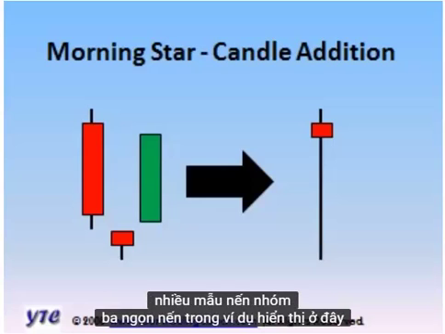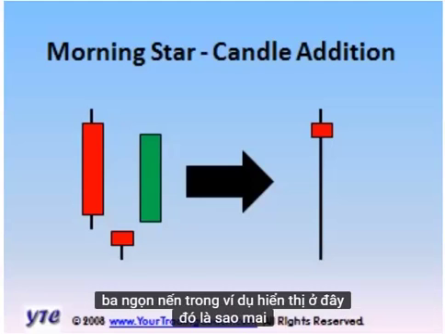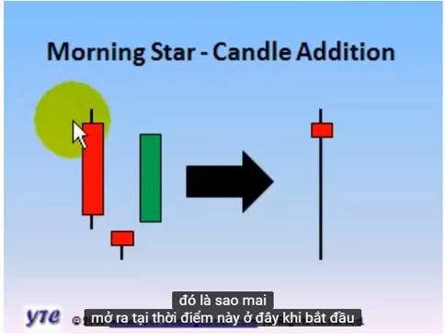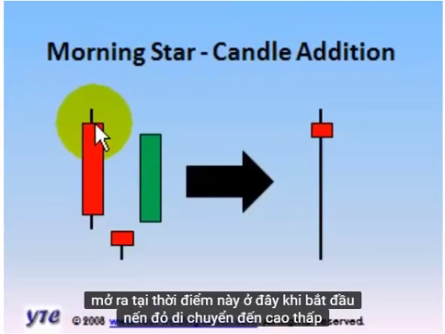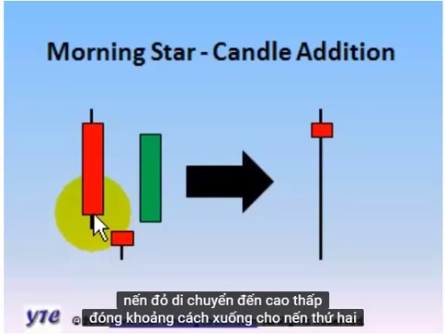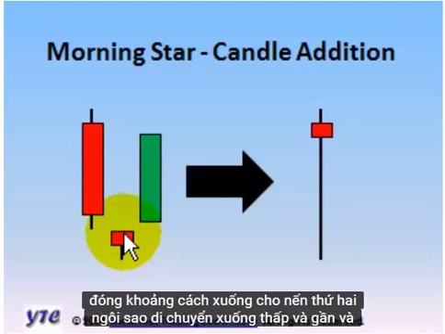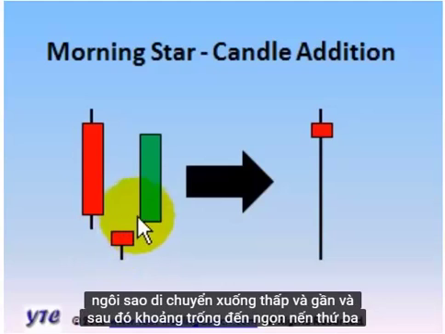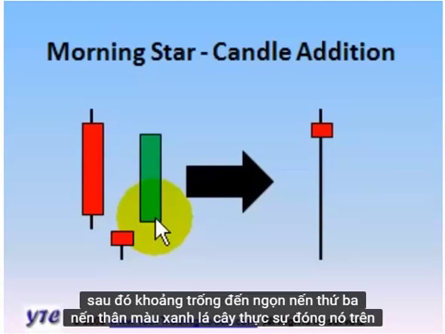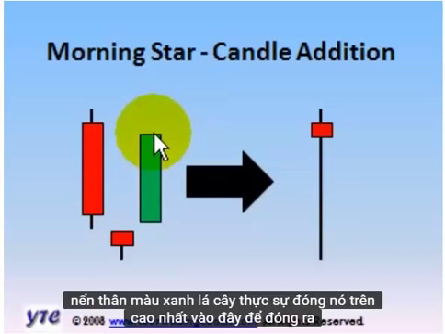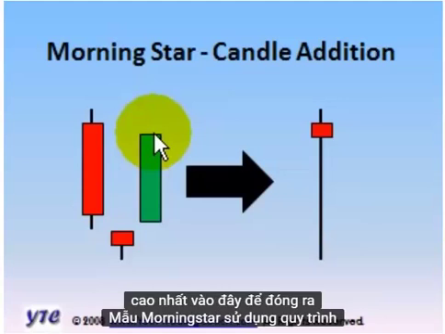The group of 3 candles in the example shown here, which is the morning star, opens at this point here at the start of the red candle, moves to the high, low, close, gaps down for the second candle, the star, moving to the low and close, and then gaps up to the third candle, the green real-bodied candle, closing on the highs here to close out the morning star pattern.